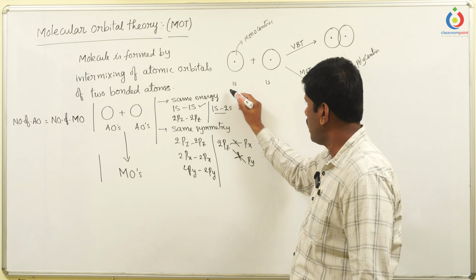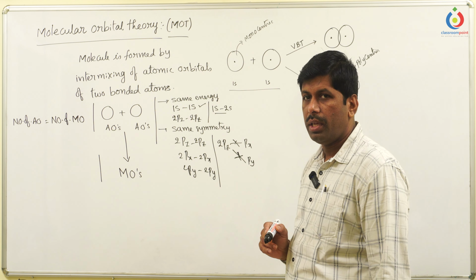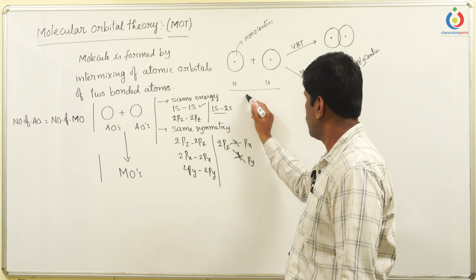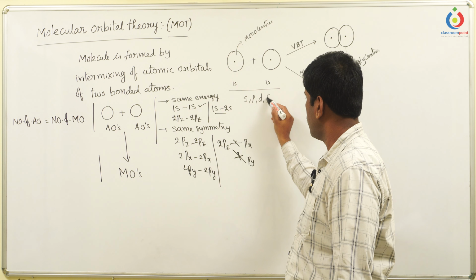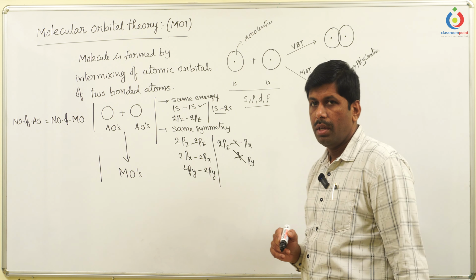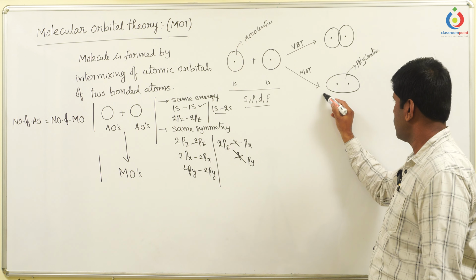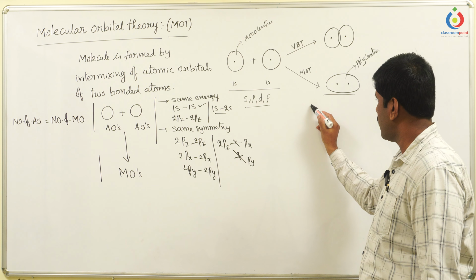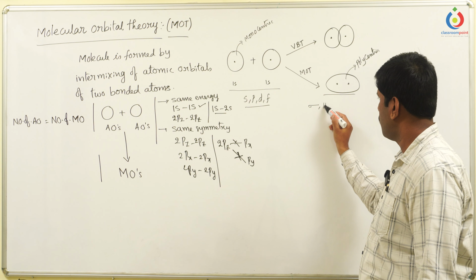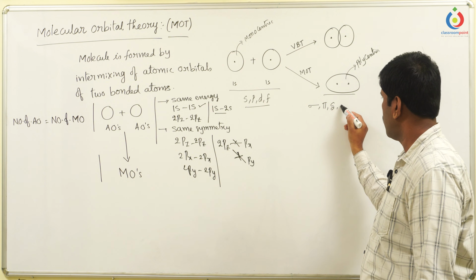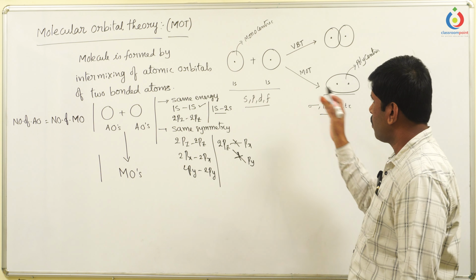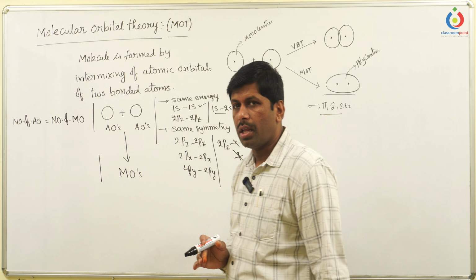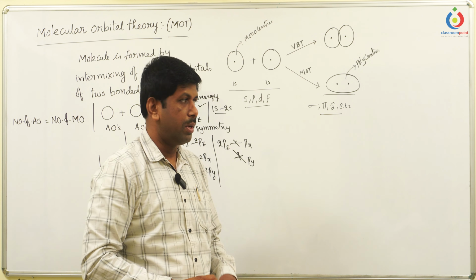And we also know that atomic orbitals are usually designated as s, p, d and f subshells. But in case of molecular orbitals, these are designated as sigma, pi, delta, etc. This is because we have to differentiate the molecular orbitals from the atomic orbitals.